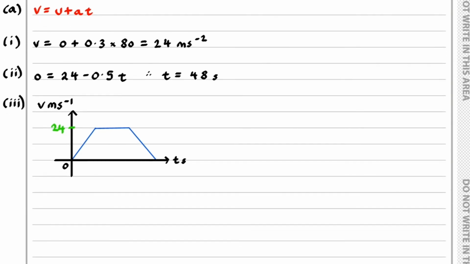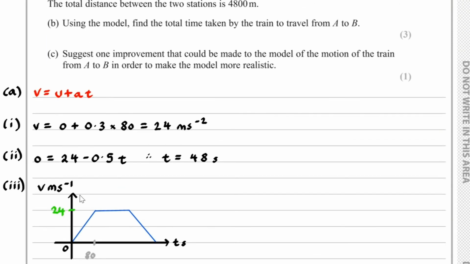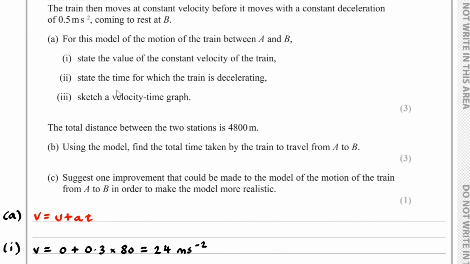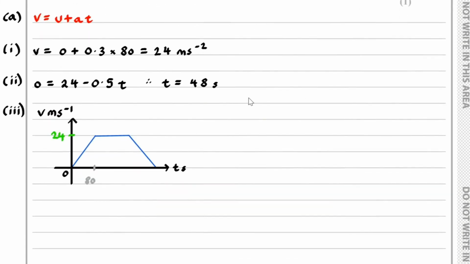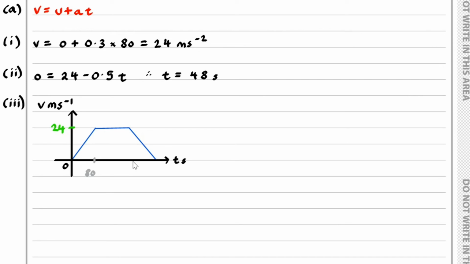We know up to here we've got 80, and the time for which the train is decelerating from here to here is 48 seconds.